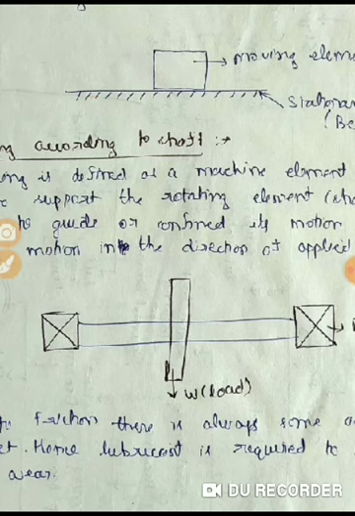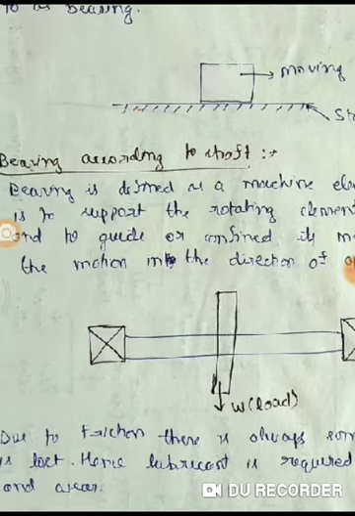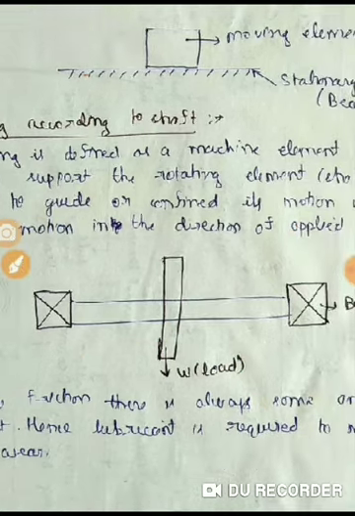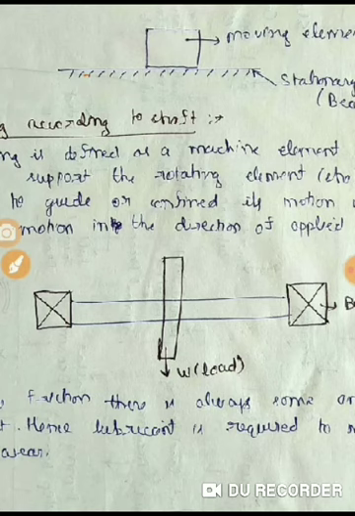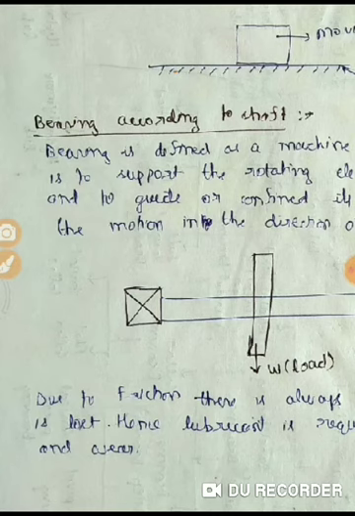The shaft is supported on the bearing. Here the shaft is in rotational motion and it is supported by the bearing. So this is the bearing according to the shaft.